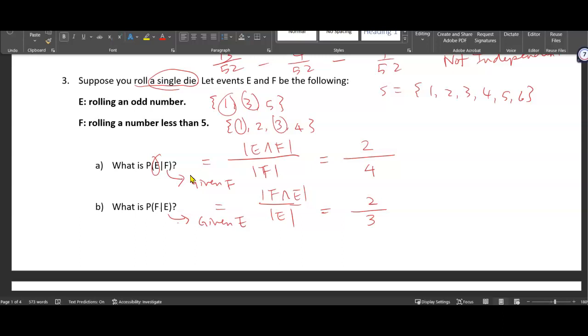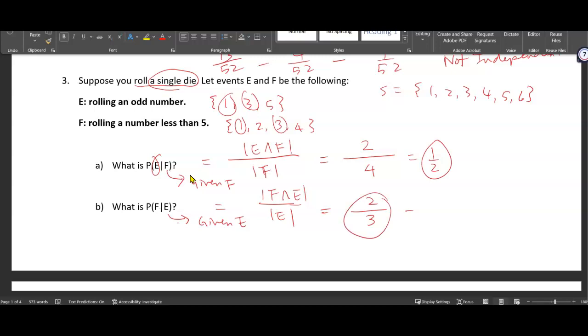So the numerator is the same, but the denominator changes because of the given, right? The given is the one that is restricting the new sample space. So what part A and part B are saying is that the order matters. E given F and F given E are two different things. You cannot mix them up, right? The answer for the first one is 1/2, and the second one is 2/3.